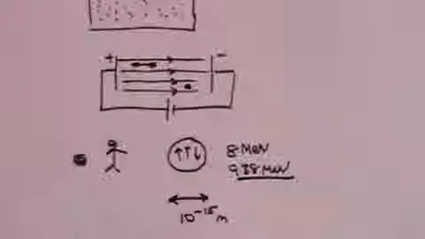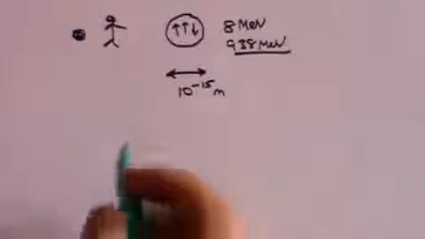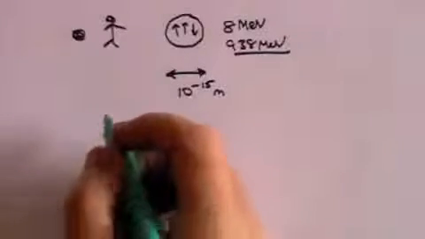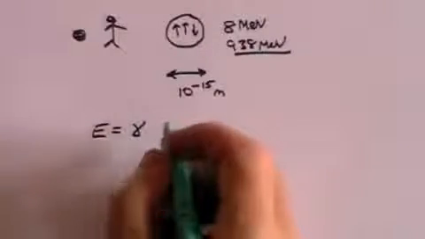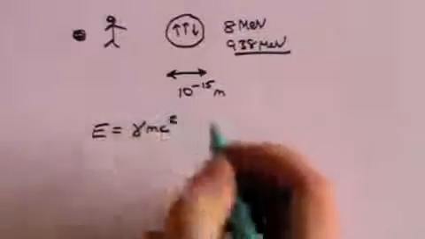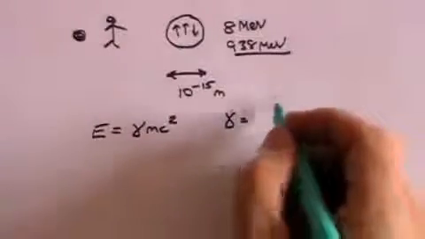Massless particles must travel at the speed of light. The reason for this is that when we did our videos on special relativity, we derived the formula that E equals gamma mc squared. Gamma is effectively the Lorentz transform.